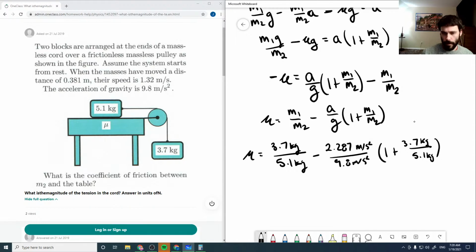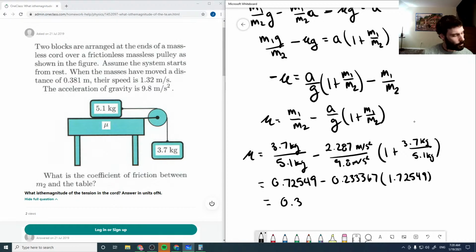Okay, and so working these values out, we get 0.72549 minus 0.367 times 0.72549. And so this all comes out to 0.32282. So then there is our coefficient of friction.